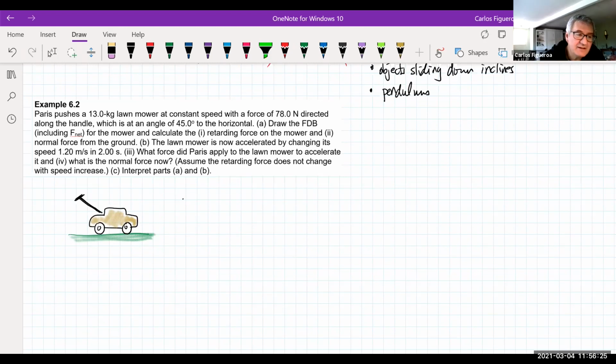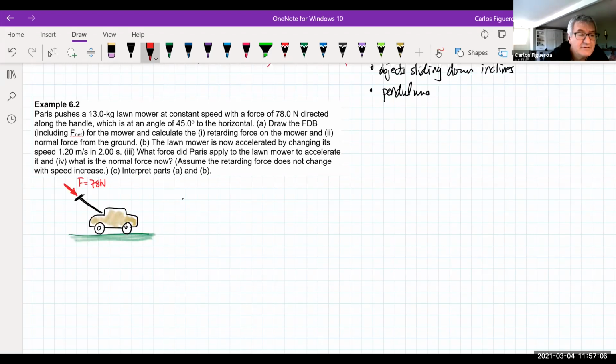Well, it turns out that as you're applying a force on the handle of the mower, you may be pushing straight ahead, but the fact is that rod is not pushing straight ahead. That rod is pushing along the handle. That's what's connecting it. So when I say a 78 newton force by Paris, I mean there's a component that is applying a force of 78 newtons in that direction right there.